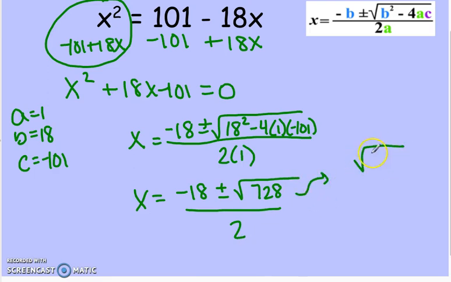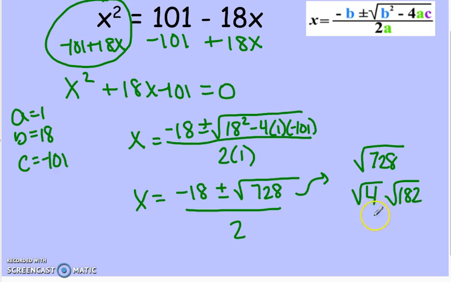Simplify the radical. Radical 728, and we need to find the largest perfect square that goes into 728. And so, believe it or not, I'll just tell you here, it's actually 4. That's the largest perfect square that goes into 728, and it goes in 182 times.